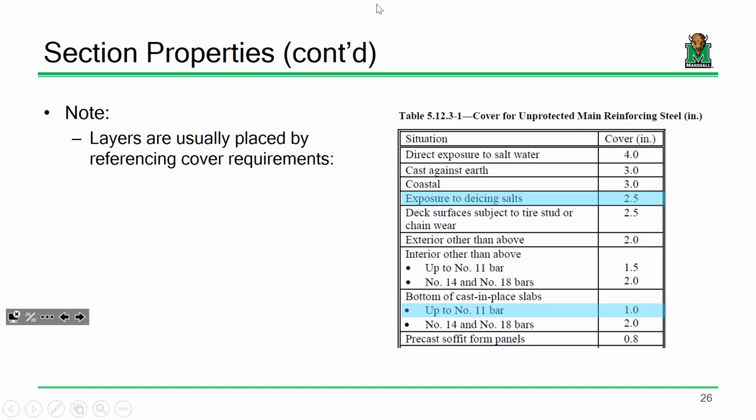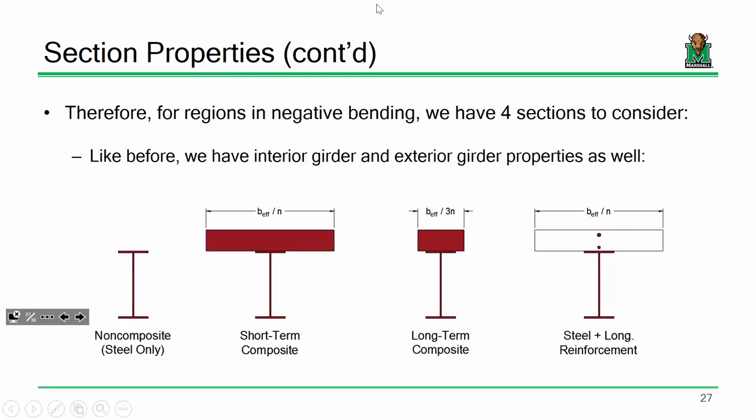And these cover requirements would vary depending on where we're at. What if we were designing a bridge or we're looking at a column or something out in Miami? That's obviously going to be exposed to something like salt water, so maybe we need more stringent cover requirements. For the bottom bars, anything up to a number 11, 1 inch. Okay? Sound good? All right.